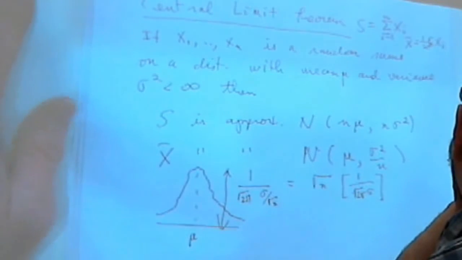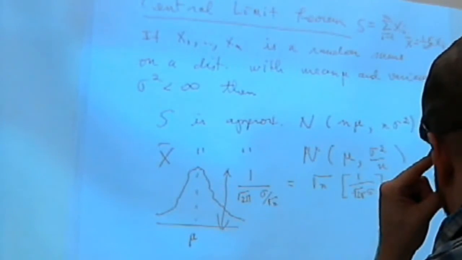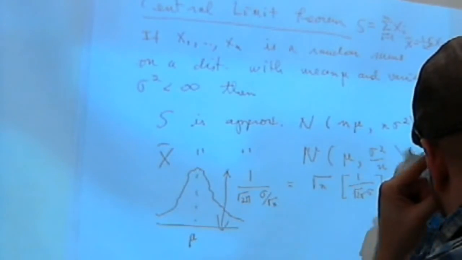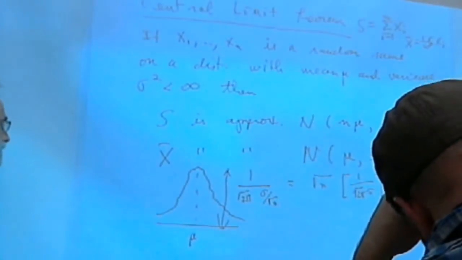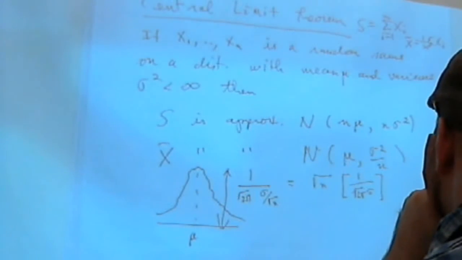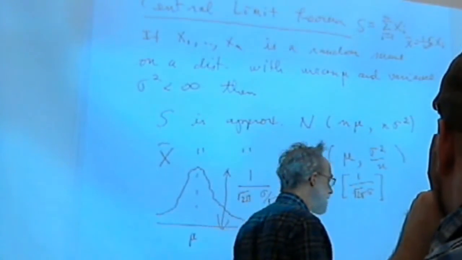So as n gets large, that goes to infinity. Well, all the mass has to be 1, so all the mass goes in. And that's what makes statistics work. Without that, you wouldn't be in this class. Of course, you probably wouldn't have a universe either.